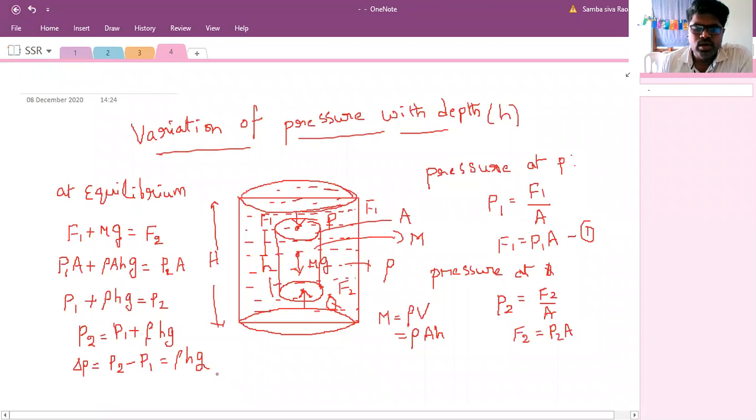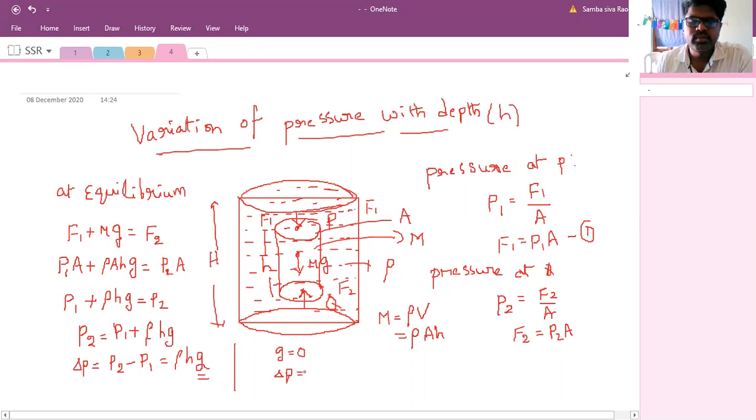And this pressure difference is only because of what? Gravity, g. Suppose you take the same container to gravity free space, where g is 0, then what happens? Delta P will be 0 in the gravity free space.